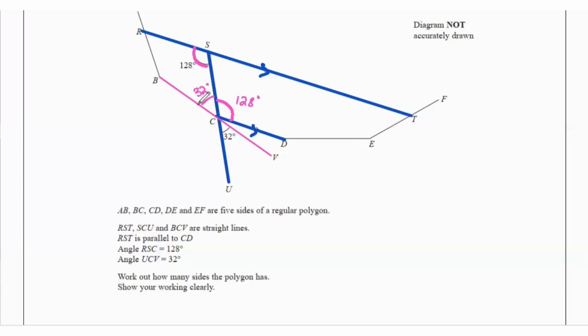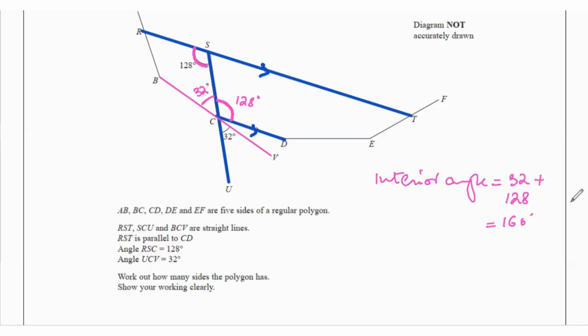Now, if you look at angle BCD, we can see that it comprises 32 and 128, which is basically your interior angle. So your interior angle is 32 plus 128, which equals 160 degrees.